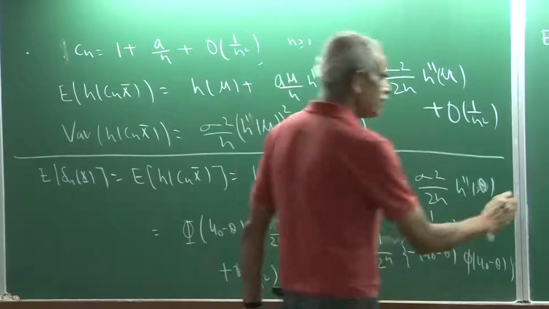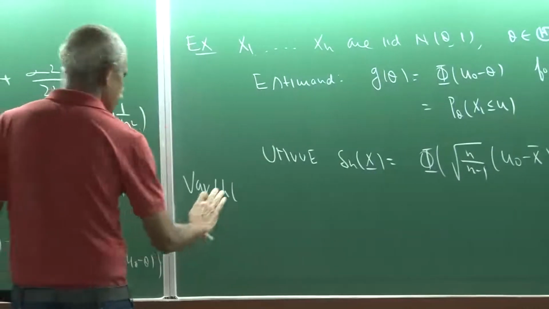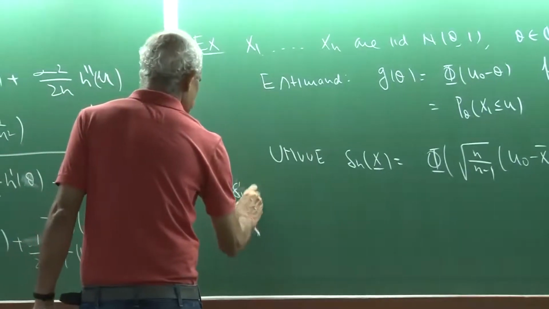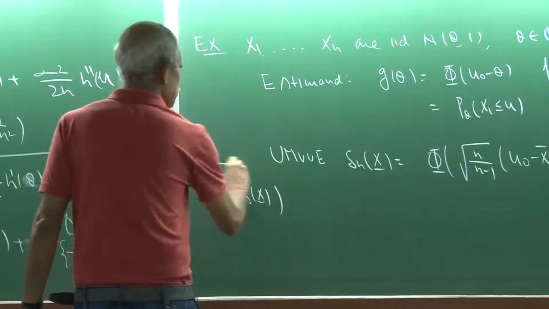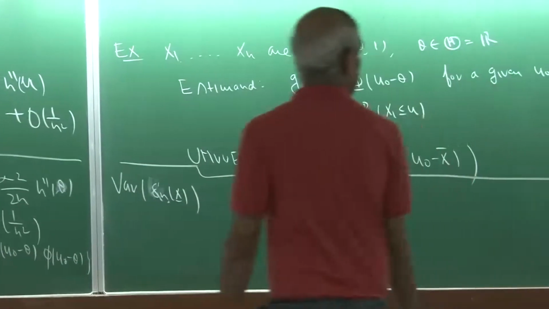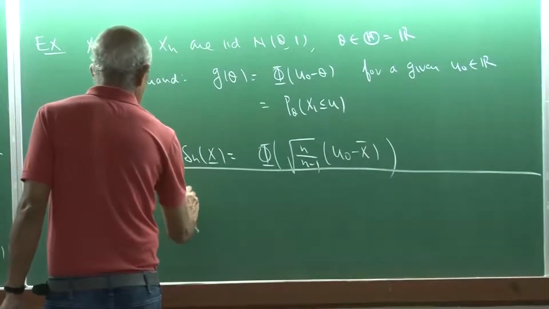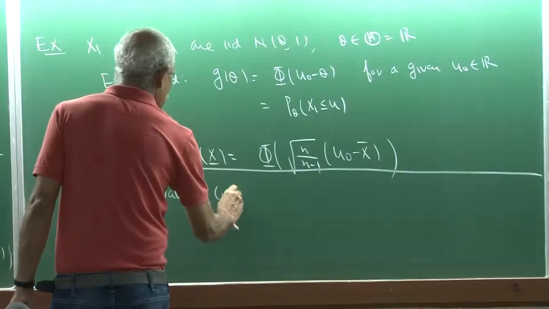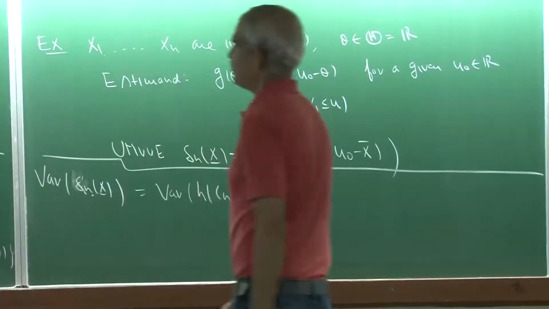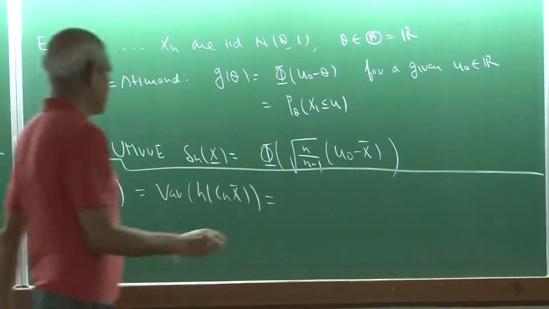What is the variance of h of Cn x bar, the variance of delta n x? Which is the same as the variance of h of Cn of x bar, which you have seen is sigma square by n h prime mu whole square.